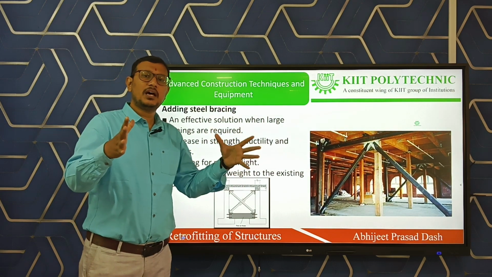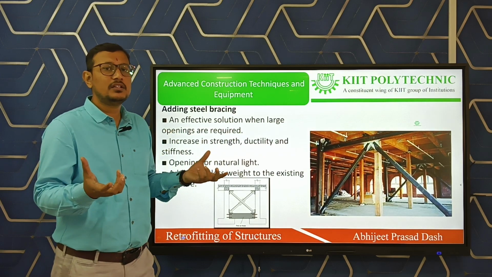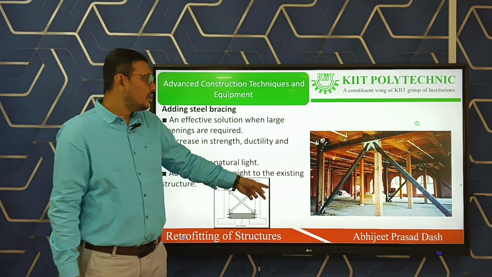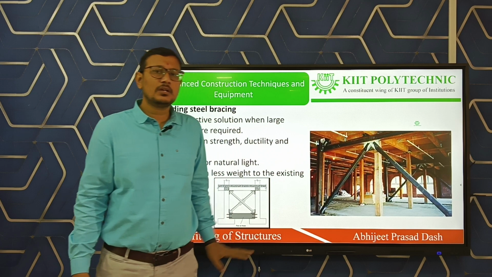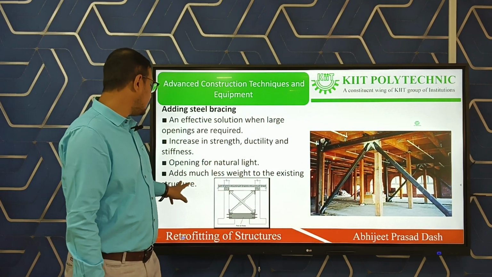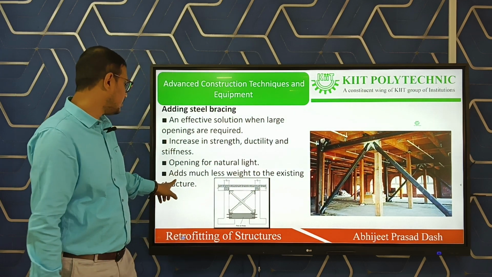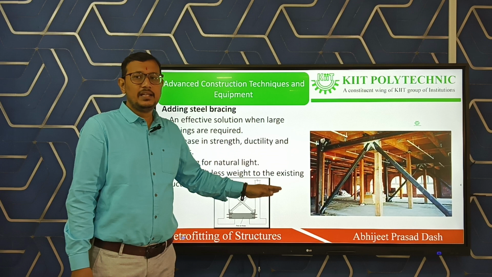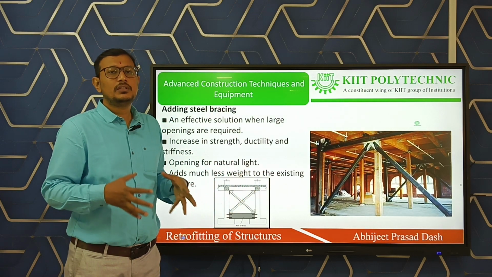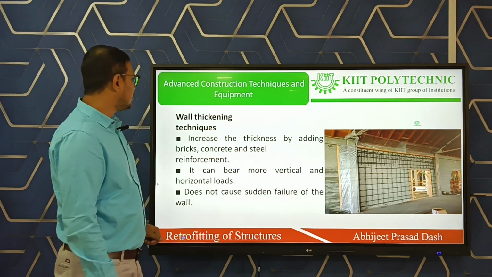Sometimes large openings are there in the old structures and we cannot replace them. We are giving those openings support by steel bracings. Openings for natural light are kept, and bracings add much less weight to the existing structure.